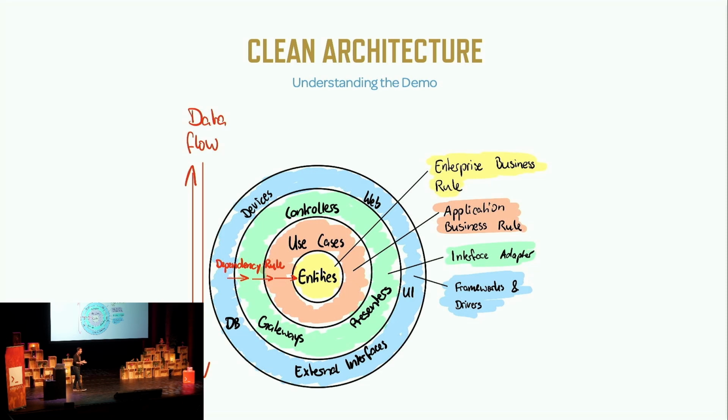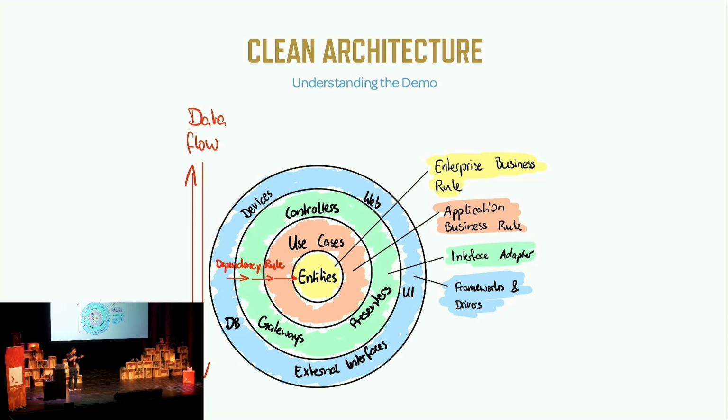The controllers are our API, the gateways that we connect through. For instance, for mailing, we use certain gateways. But the controllers maintain the APIs. And on the outer layer, we have all our other extra values, like the user interface, the web interface, external interfaces we connect to, and the database connections, in this case, Entity Framework.